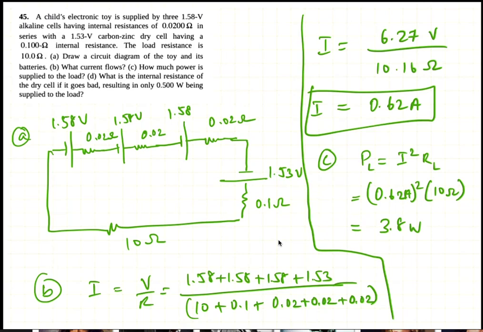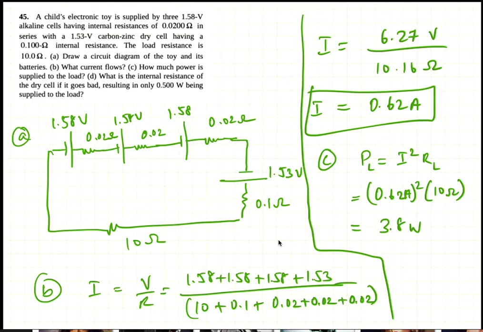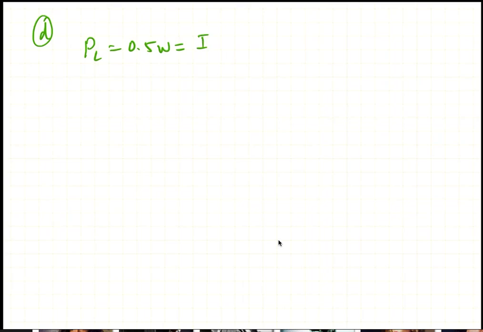What is the internal resistance of the dry cell if it goes bad, resulting in only 0.5 watts being supplied to the load? So if the power to the load is 0.5 watts, which is down from 3.8 watts, it's I squared R load.